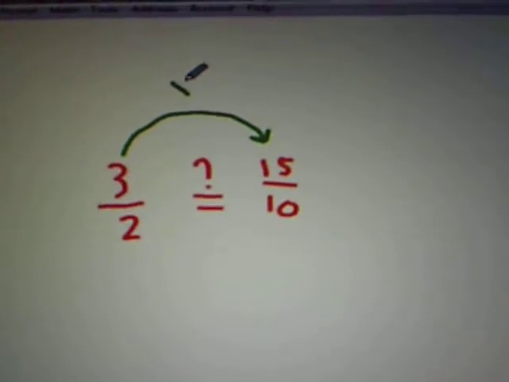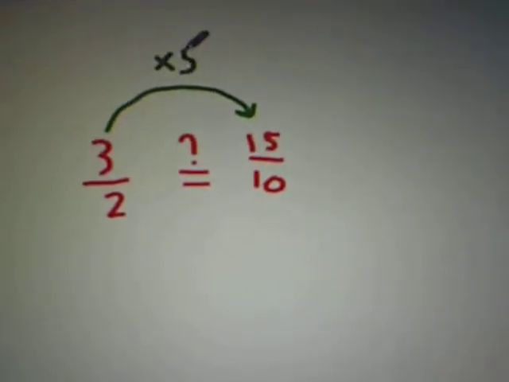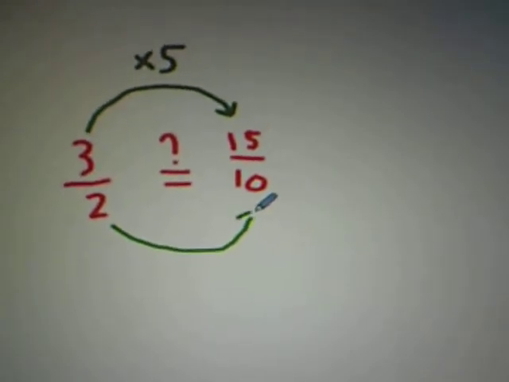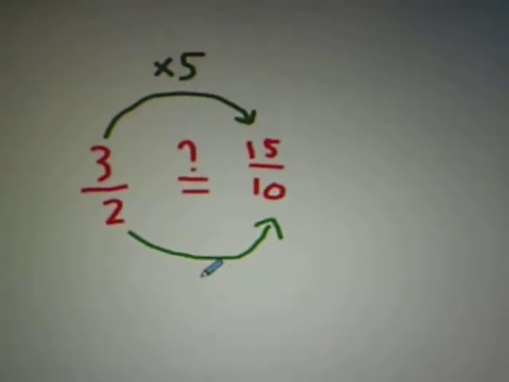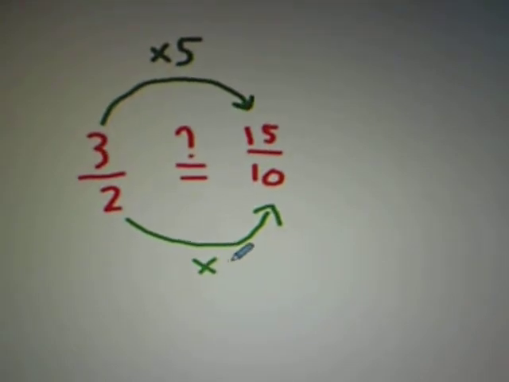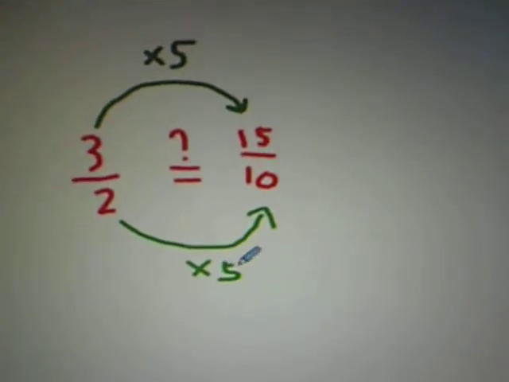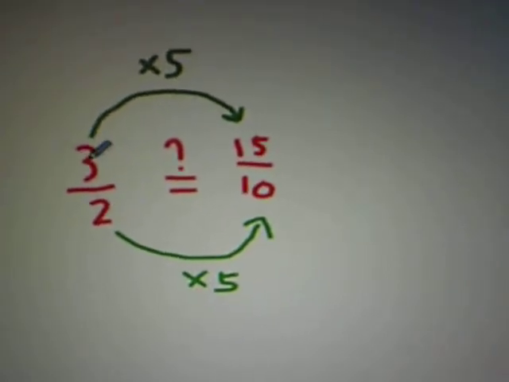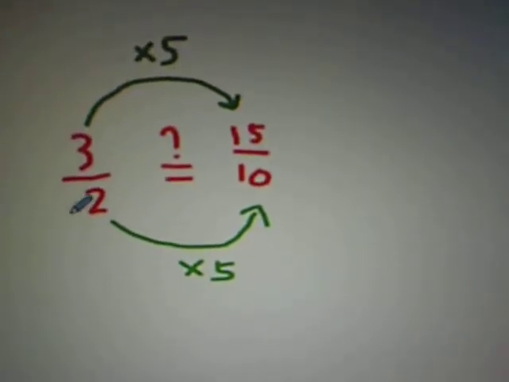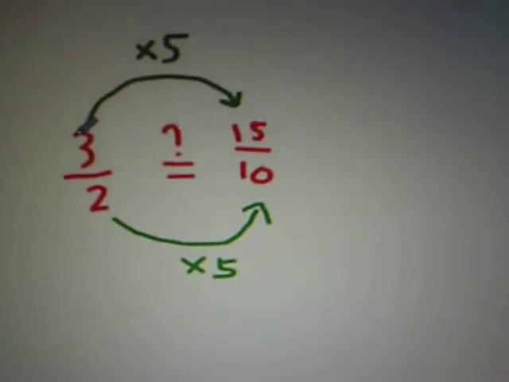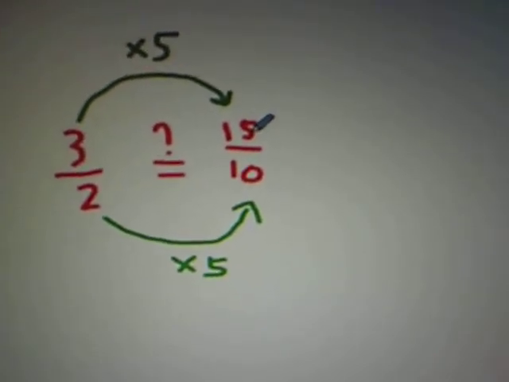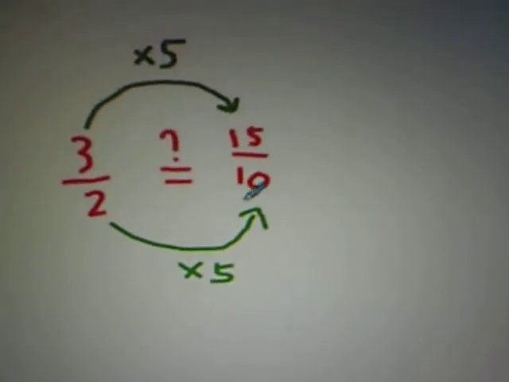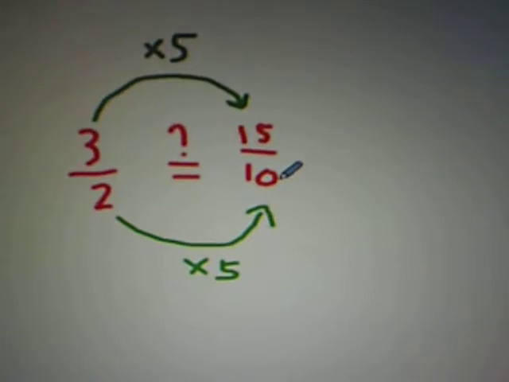Well, we know that 3 times 5 gives you 15. So, does 2 times 5 also give you 10? Yes, it does. 2 times 5 is 10. So both numbers in the ratio shared the same comparison. I multiplied 3 by 5 to get 15. I multiplied 2 by 5 to get 10, so therefore they are an equal ratio.